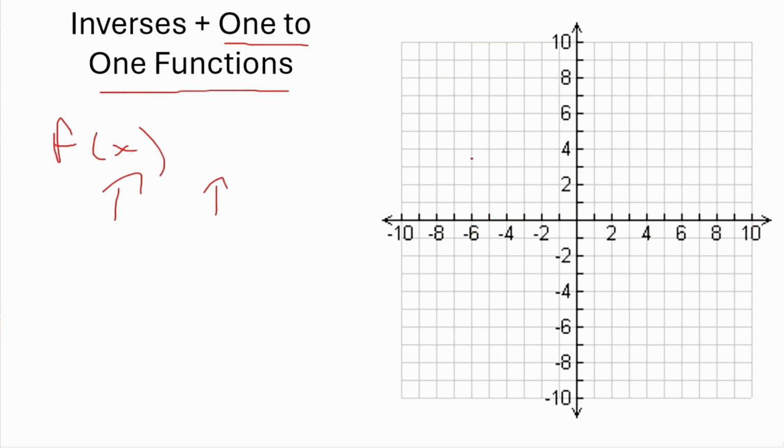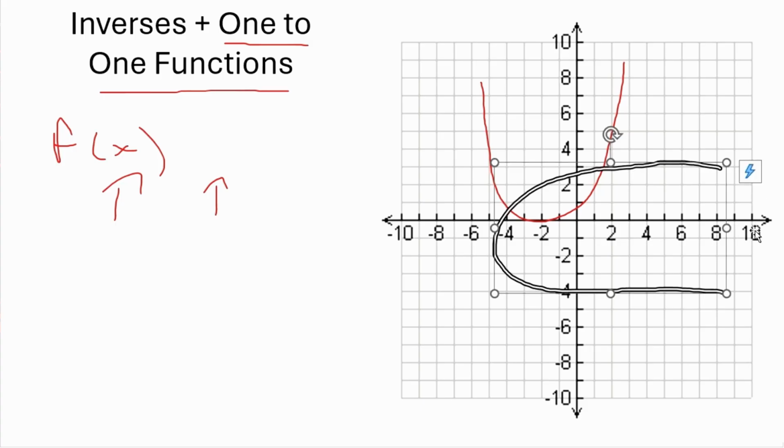Now for most functions, let's say this parabola, if you take the inverse of it, your result will not be a function, because inverses are almost like 90-degree flips.